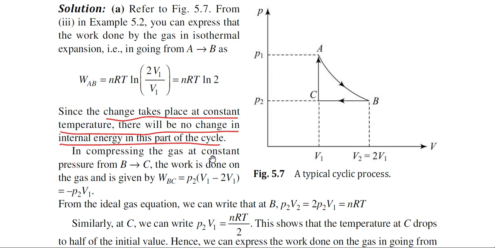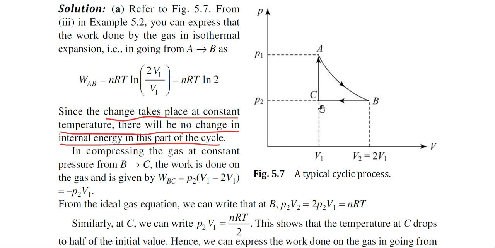In compressing the gas at constant pressure from B to C, when the state is moving from B to C, the work is done on the gas because it is compression, and is given by W is equal to P2.